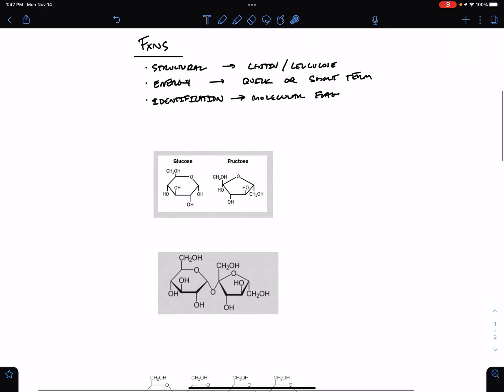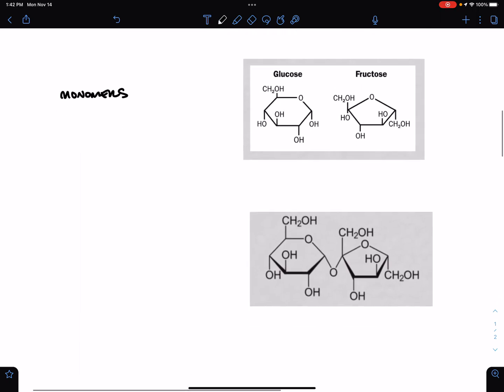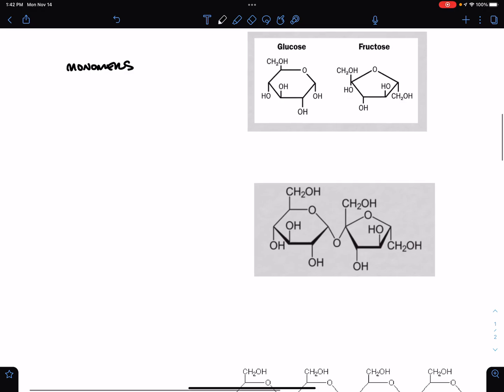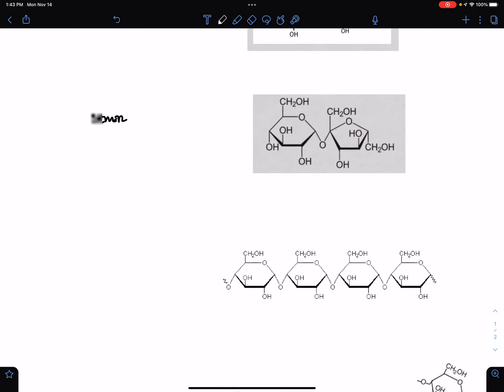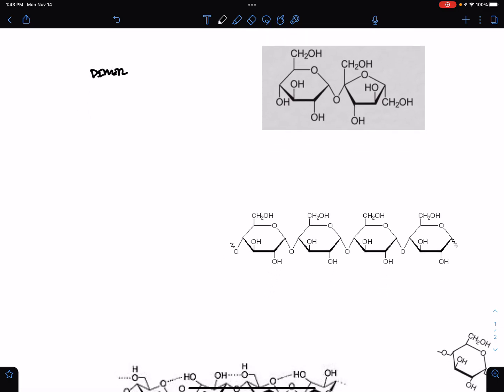Okay, as I said in our last screencast, or 2 screencasts ago, we can break up all of our big 4 biomolecules into monomers, which is our most basic building block of an organic compound, and then a dimer would be 2 of the same type of organic compound, and then a polymer is 3 or more.